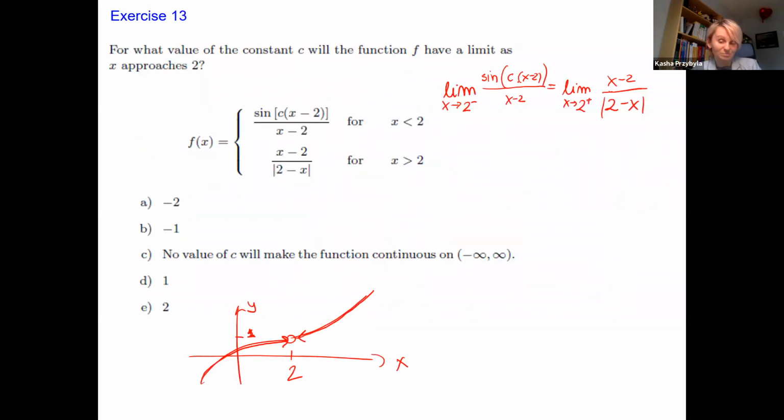But this one, I don't know if I can really take 2 right away and substitute, because we will have sine of 0 over 0, which we know the property. It's 0 in the denominator and the same on the other side: 2 minus 2, 2 minus 2, 0 over 0.